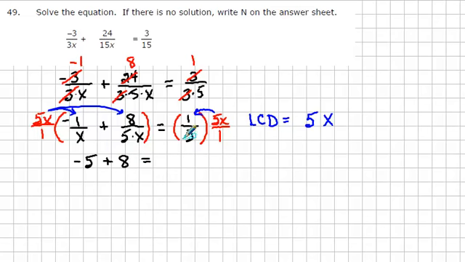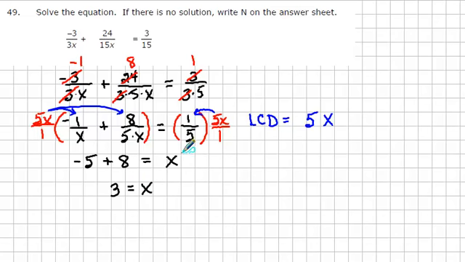On the right-hand side, 5 divides into 5 one time, and x times 1 times 1 is equal to x. So on the right-hand side, we just have x. Now we add negative 5 plus 8, that's equal to 3. So x is equal to 3.